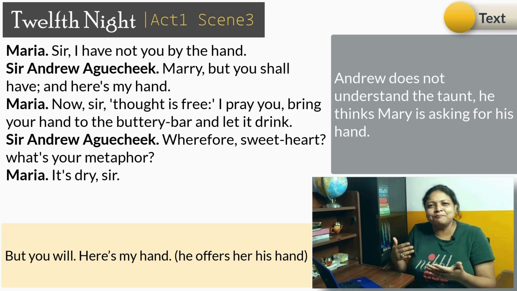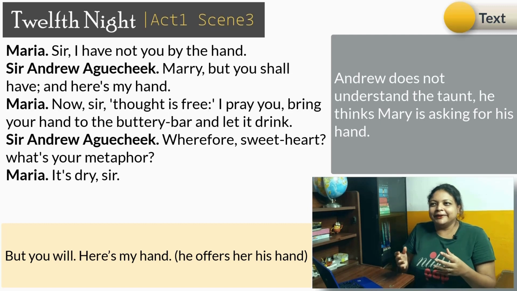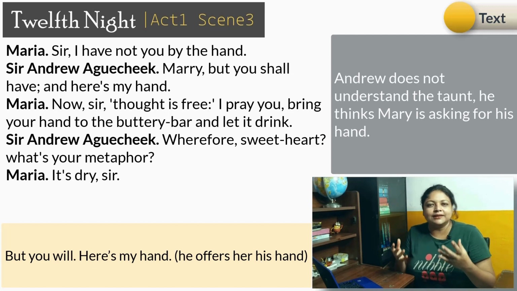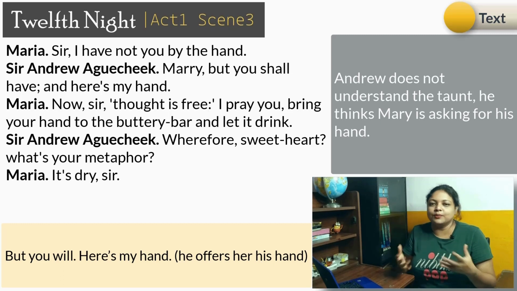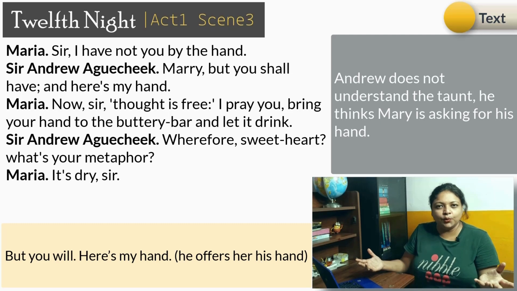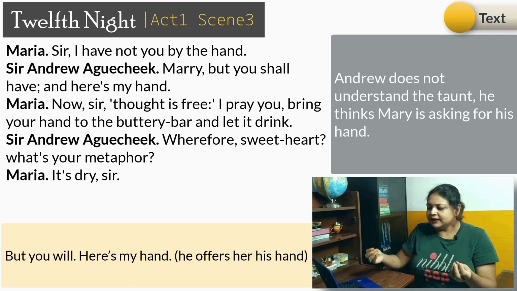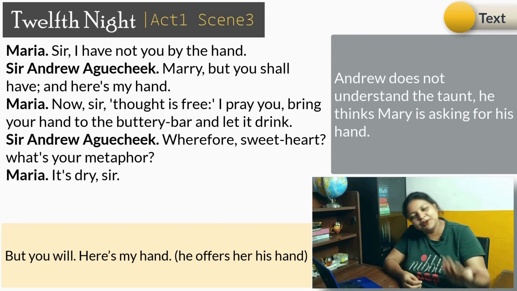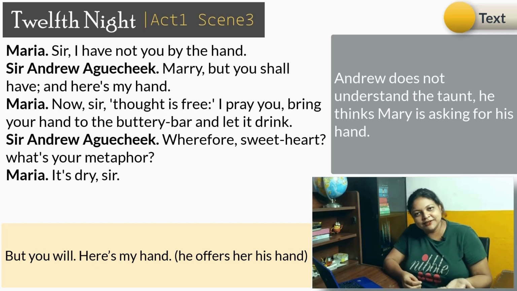You start to have some pity for him, he is so easily convinced by things that he is told. He doesn't ask questions. He blindly has faith in Sir Toby, and he says, oh, you want to hold my hand? Please hold my hand. So he accepts the fact that he is a fool.